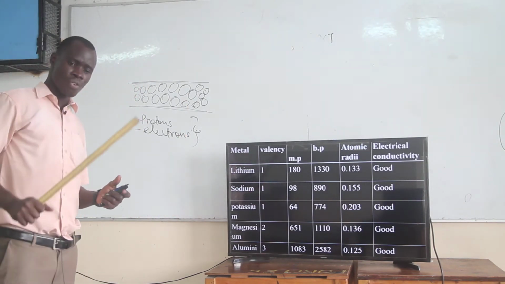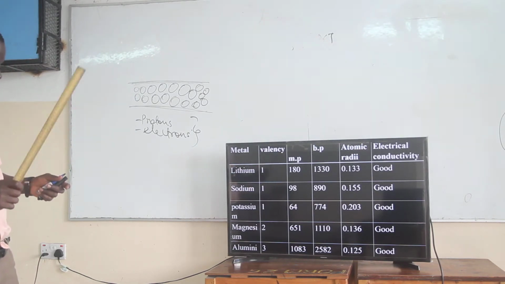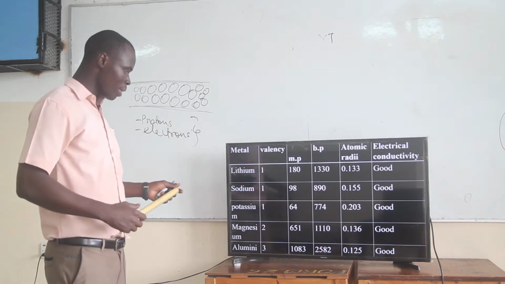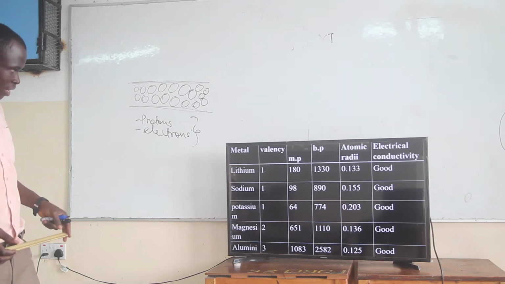One, the size of the atom, the size of the atomic radius, and the second thing that is going to determine boiling and melting point is the number of delocalized electrons.